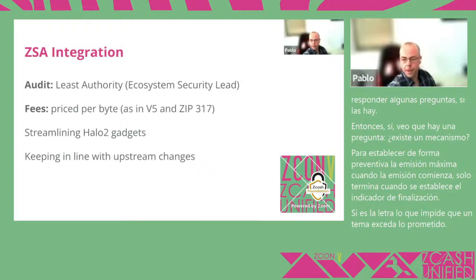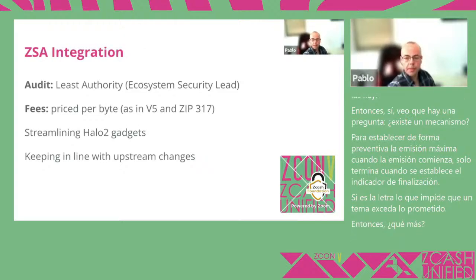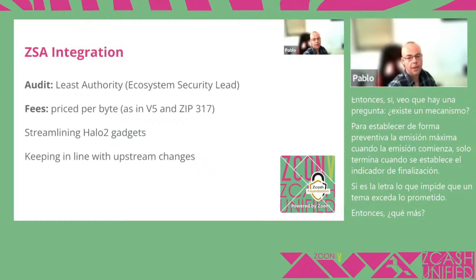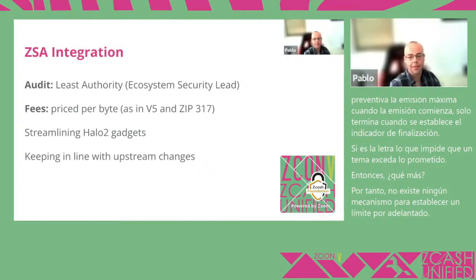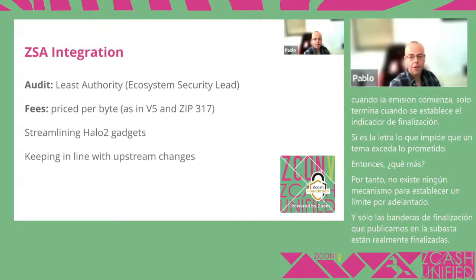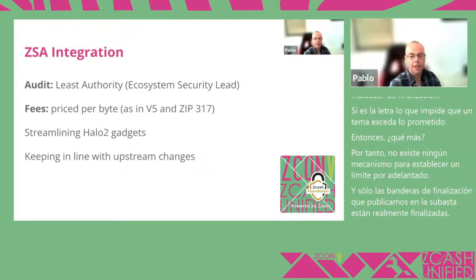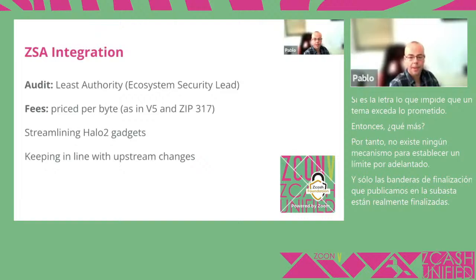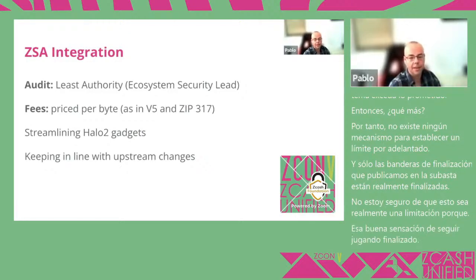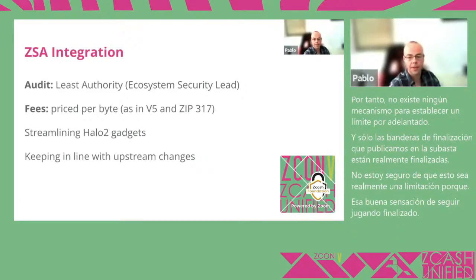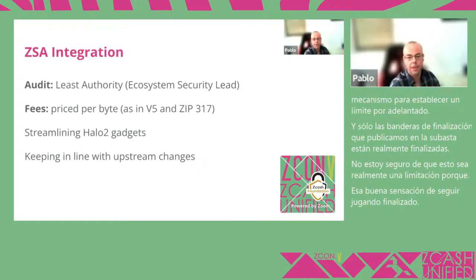So there is no mechanism to set a limit in advance, and only once the finalization flag has been published to the blockchain is it really finalized. I'm not sure that this is a real limitation, because if an issuer wants to guarantee some amount which is final, he can just issue the entire thing and finalize this asset, and keep whatever is not immediately distributed in some kind of treasury.